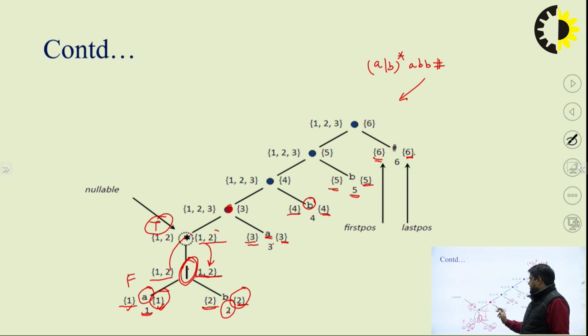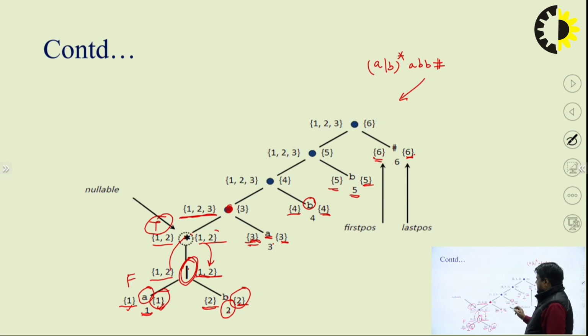You can determine the first position of this one union the first position of this one. Means the first position of this can be determined with the help of the first position of C1 and the first position of C2. So it is 1, 2 and 3. You will take the union and get the value 1, 2, 3.